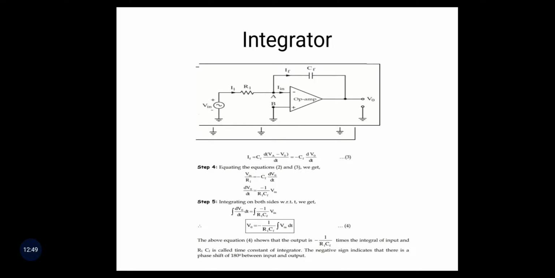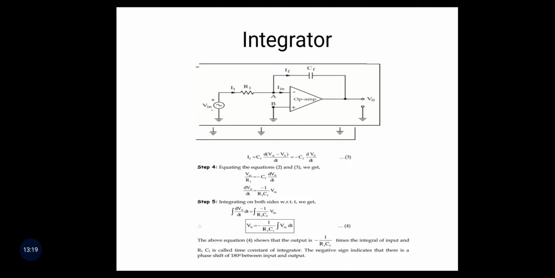Vin by R1 equals minus CF into dV0 by dt. So dV0 by dt equals minus 1 by R1 CF into Vin.